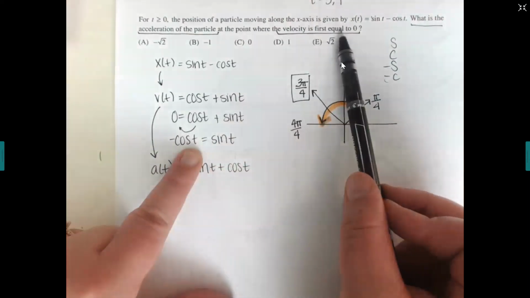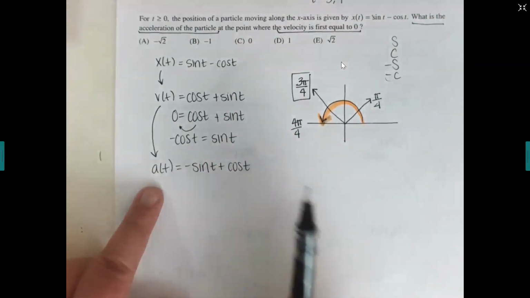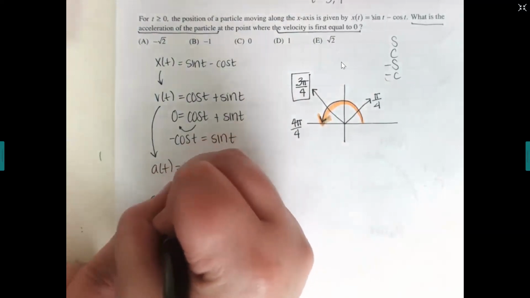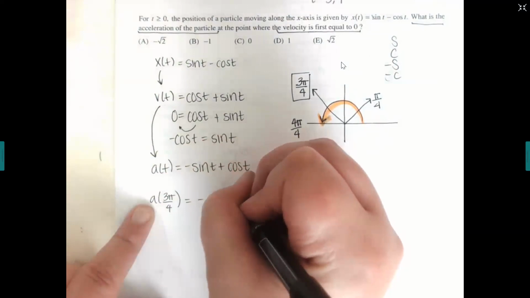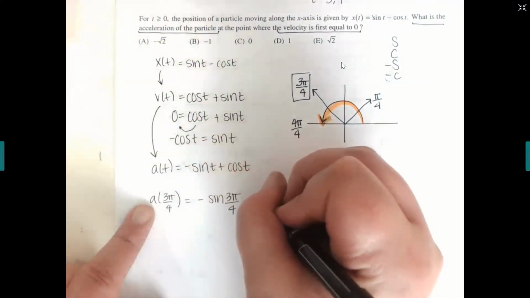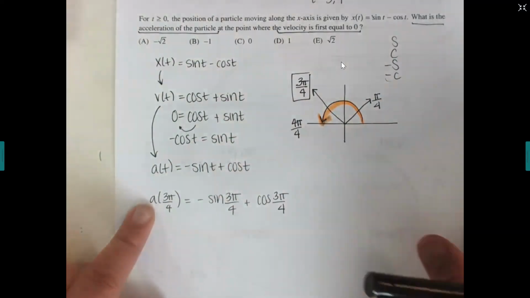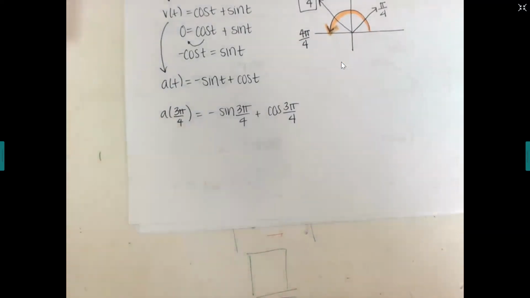Well, we know the velocity is 0 at 3/4. Then we can plug that in right here. So acceleration at 3/4 equals, let's see, negative sine 3/4 plus cosine 3/4. Okay, now remember, 5/4 is your middle finger.